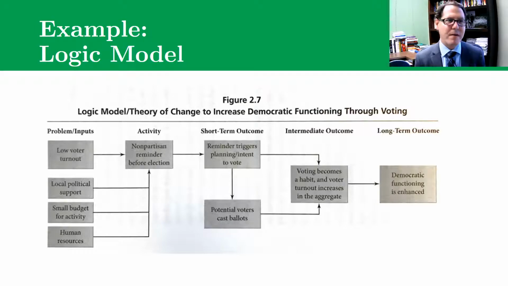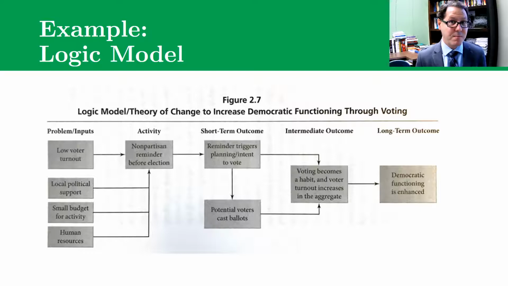They're going to do something, right? They're going to send out this nonpartisan reminder. It's a very simple, straightforward thing. I can see how local political support and not having a large budget, but having some volunteers, would allow for that to happen. We've got this short-term outcome, right? That seems fairly reasonable. You send people a reminder. It reminds them, oh, yeah, I've got to figure out how I'm going to vote or when I'm going to vote, which gets potential voters to cast more ballots.